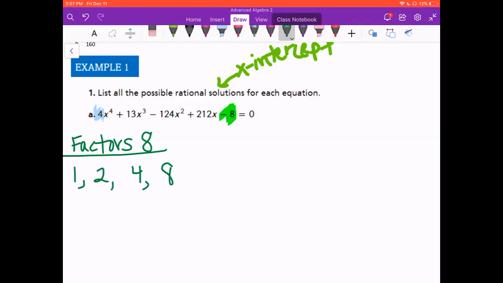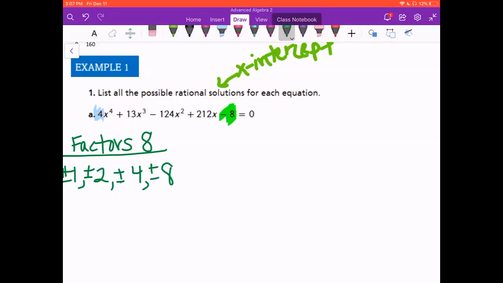Now, 1 is a factor of 8, 2 is a factor of 8, 4 is a factor of 8, and 8 is a factor of 8, but we also need to consider the negative factors as well. So we'll say plus or minus 1 is a factor of 8. Positive and negative 2 can also be divided evenly into 8. Positive and negative 4 can be divided evenly into 8, and positive and negative 8 can be divided evenly into 8.